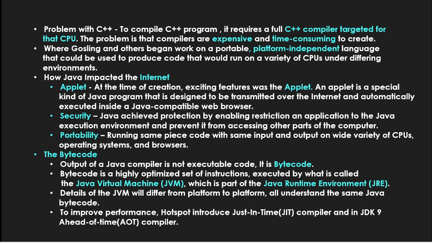Java achieved protection by confining an application to the Java execution environment and preventing it from accessing other parts of the computer. So that was the main feature provided by Java.